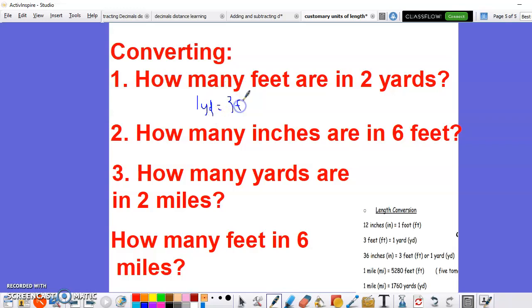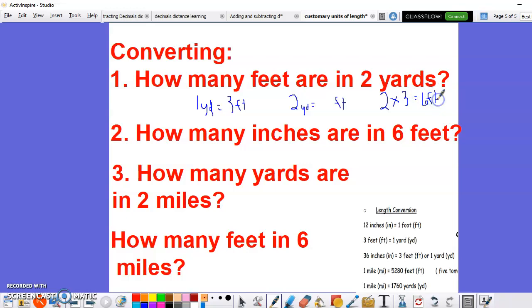So I know for 2 yards, we want to know how many feet that equals. So we're going to multiply 2 yards times 3 gives me 6 feet.